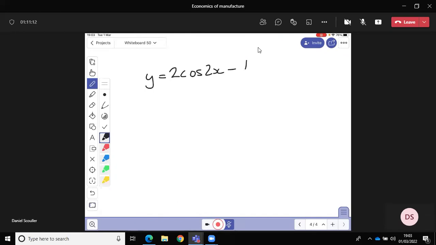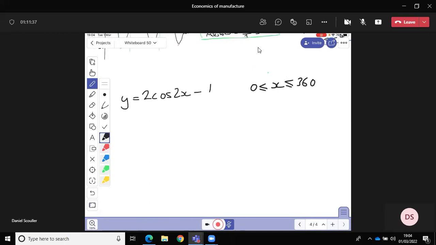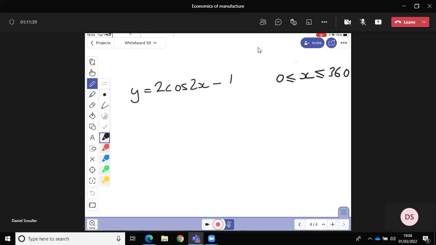So the cos graph we're using, think about the milestones of a cos graph. I've given you an amplitude of 2, and I've given you 2 waves in that 360, and I've given you a y movement of -1. I want that between 0 and 360.